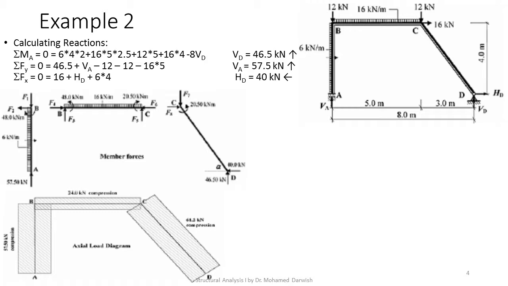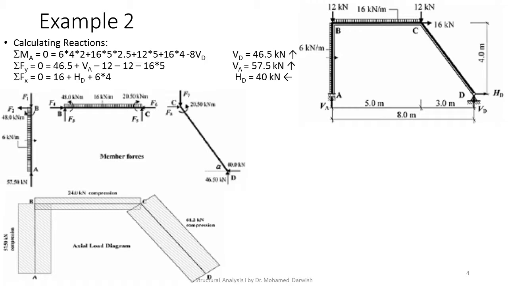This will give us the direction here, axial to the member. These together will be minus 40 cosine alpha, minus 46.5 sine alpha. Both will give us negative 61.2 kilonewton in compression. And again, when you write this, you should either write compression or write minus 61.2.